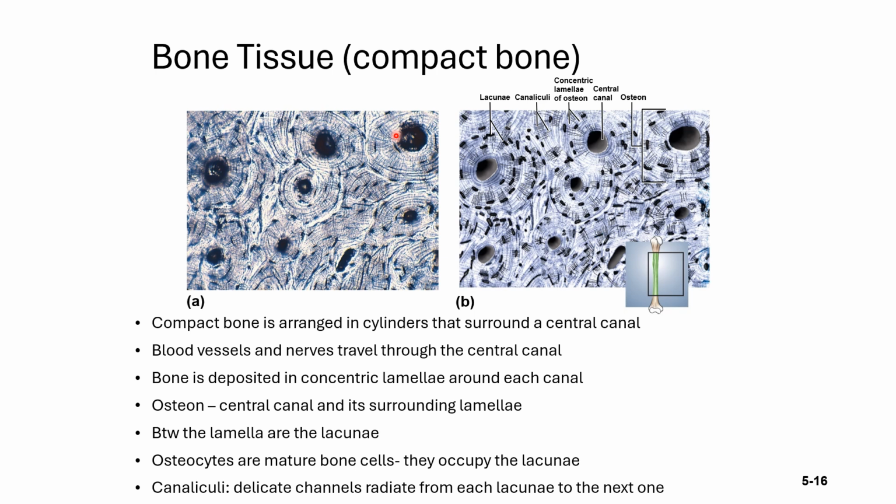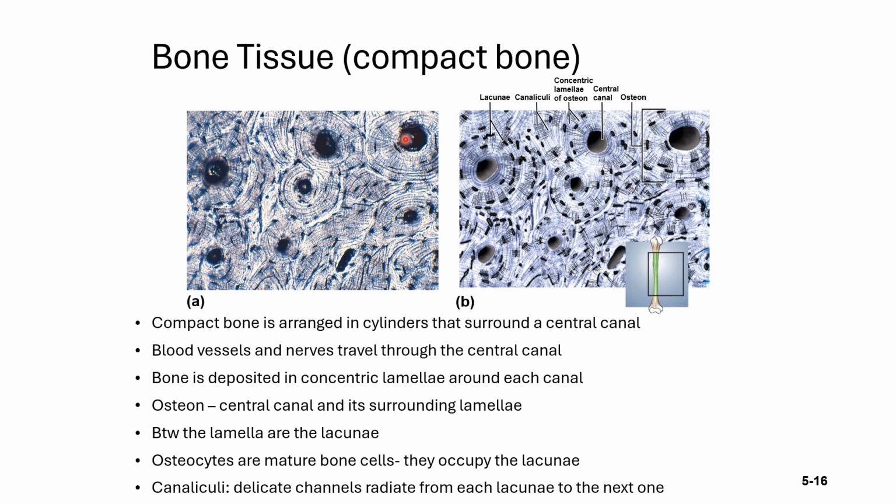So they are trapped inside, and the spaces where they are trapped are called lacunae. Once they get trapped, they are called osteocytes. So osteocytes are osteoblasts that get trapped inside the lacunae.